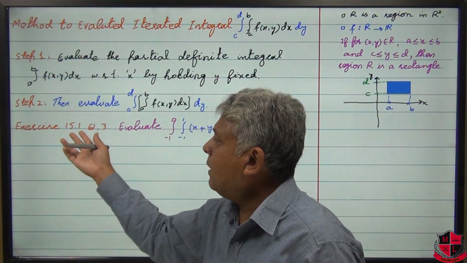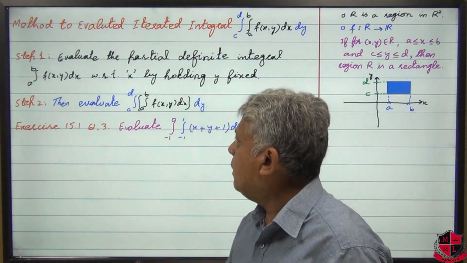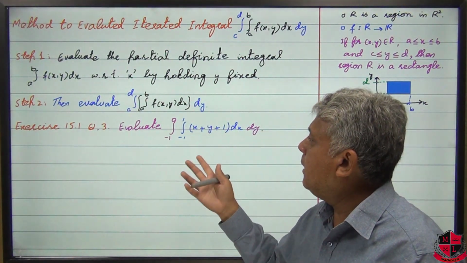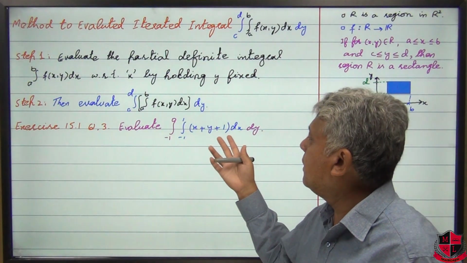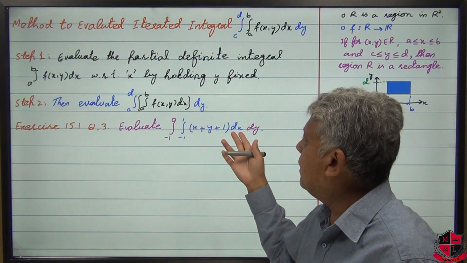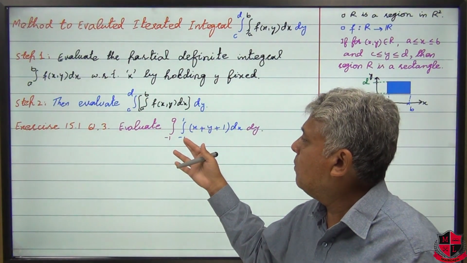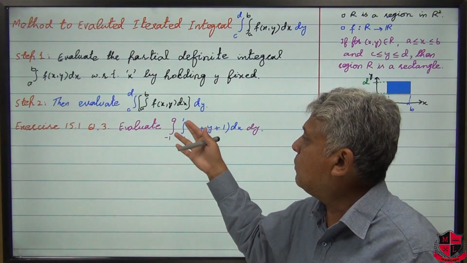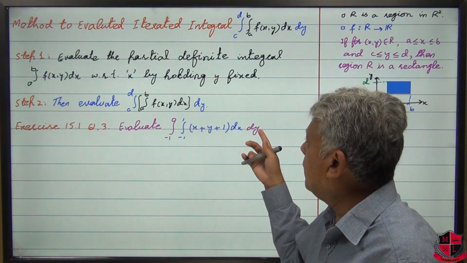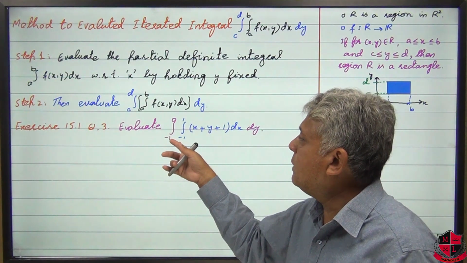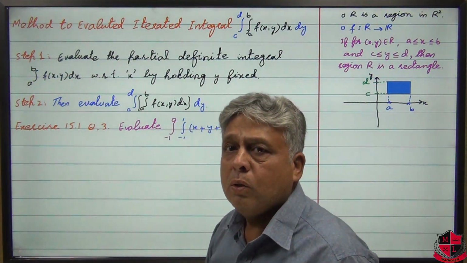Exercise 15.1 and question number 3. We have to evaluate this iterated integral, in which the inner integral is the partial definite integral with respect to x and the limits of integration with respect to x are from -1 to 1, and the outer integral is to integrate with respect to y with the limits of y from -1 to 0.